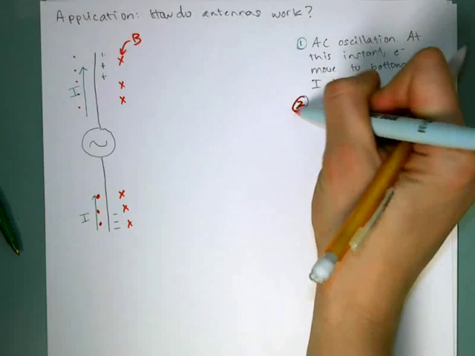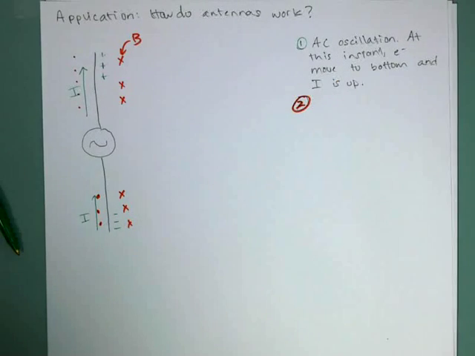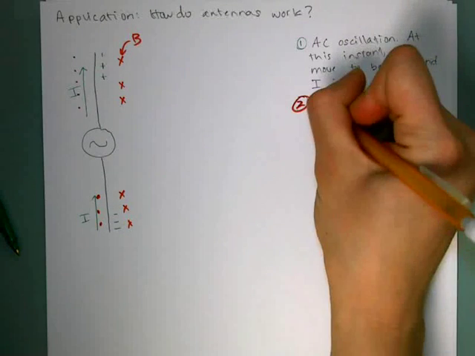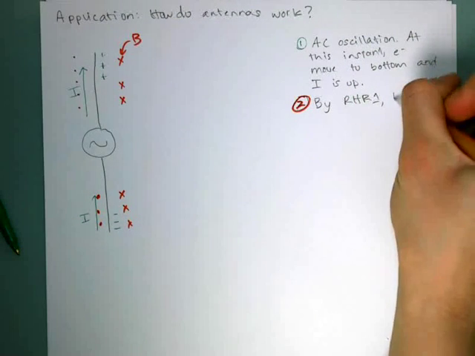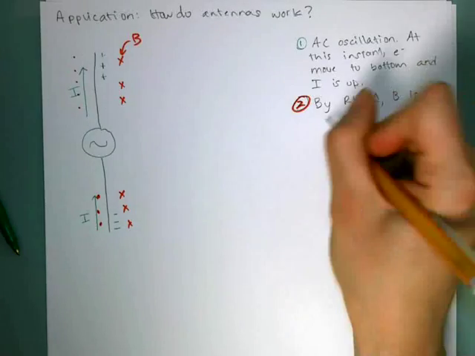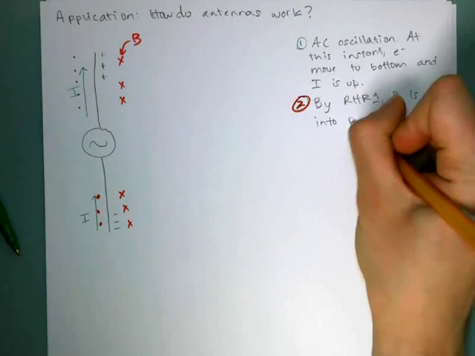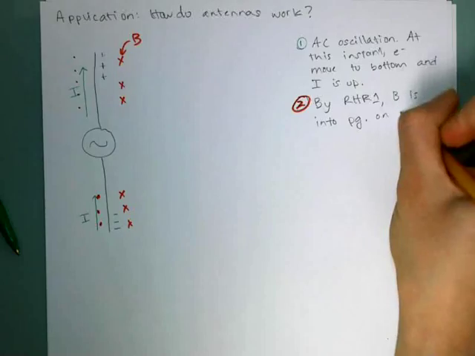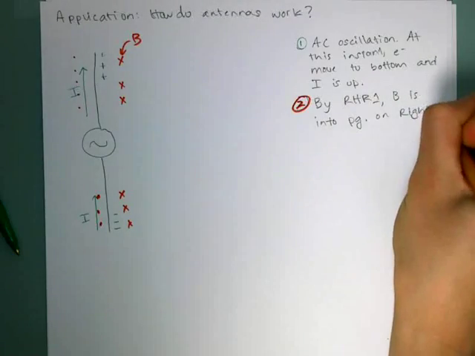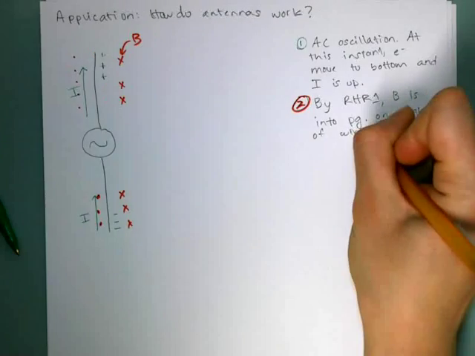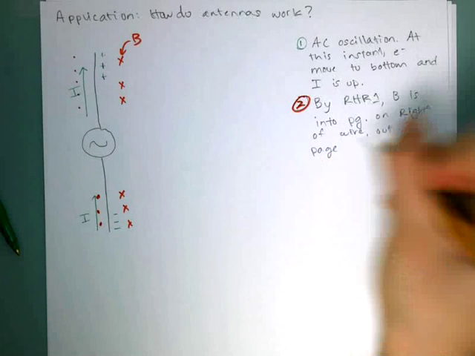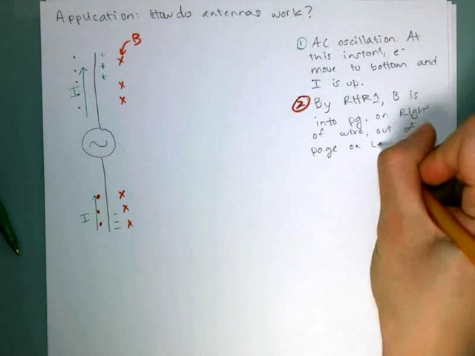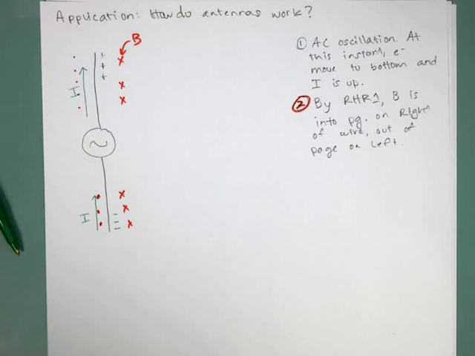So we can have a second step, which is, by right-hand rule 1, B is into the page.